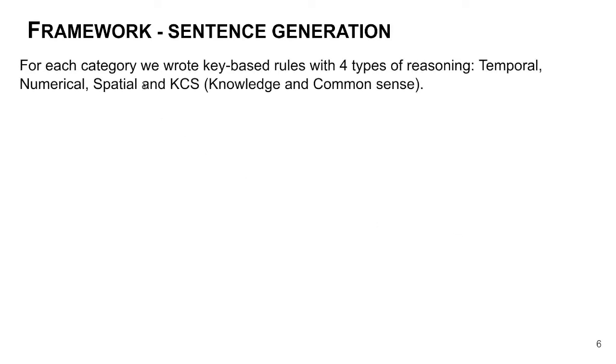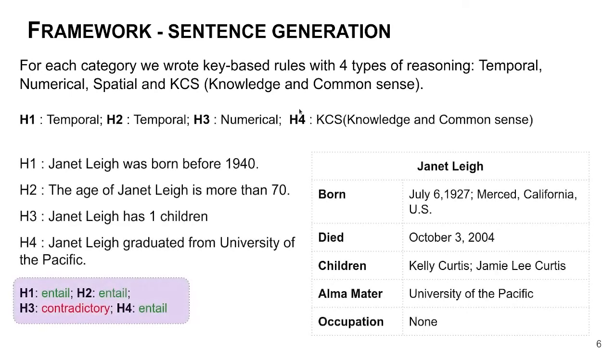Now to the sentence generation part. For each category, we wrote key-based rules with 4 types of reasoning: temporal, numerical, spatial, and knowledge and common sense. For example, here we have Janet Leigh was born before 1940, that is temporal.